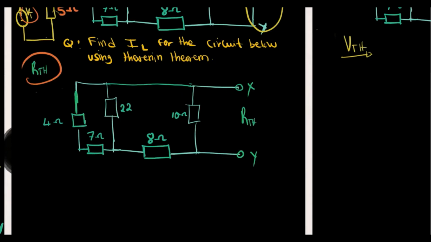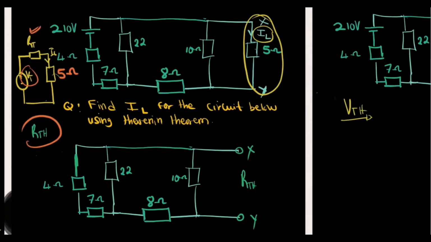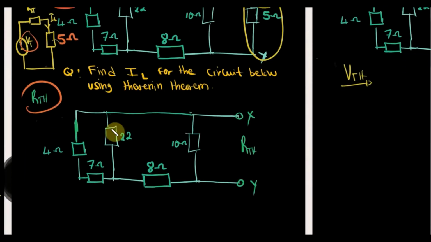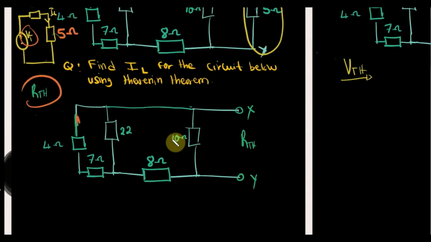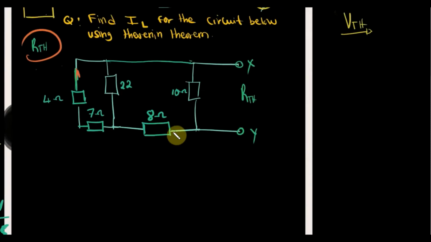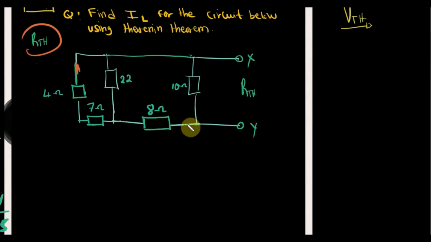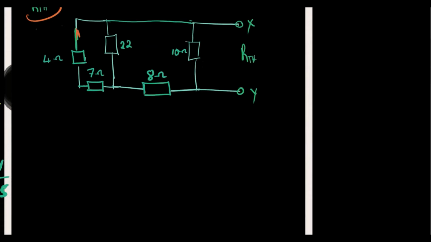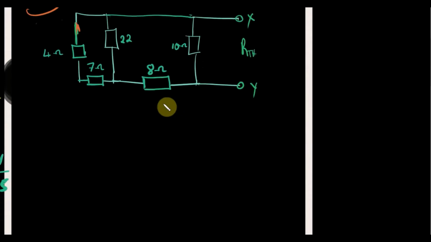To find the Thevenin resistance, we look at the type of sources that we have. In this case, we have a voltage source. And for a voltage source, we short circuit, which is exactly what we did here. And then from there, we can just go ahead and reduce all the resistors, combine them into a single resistor, and that resistor is the Thevenin resistance of the circuit, which we are interested in.